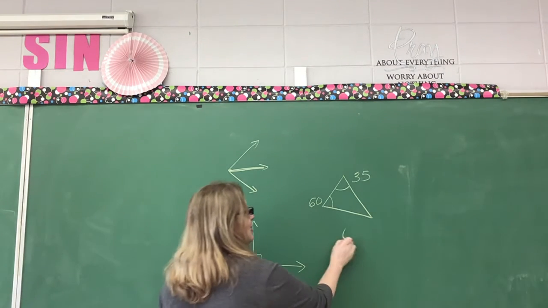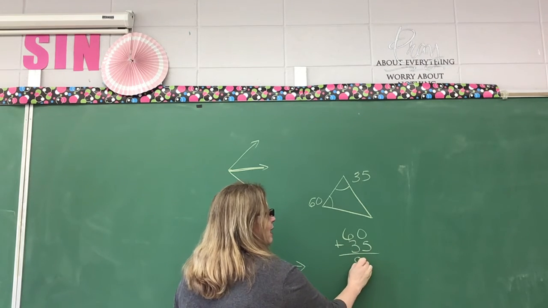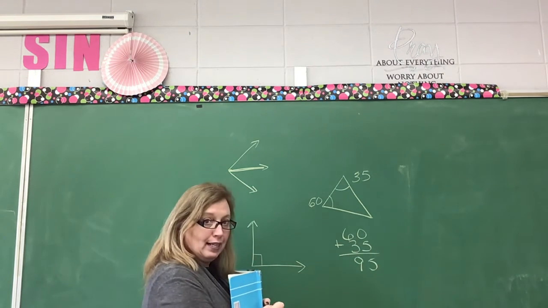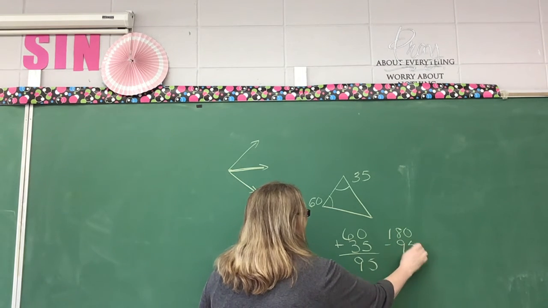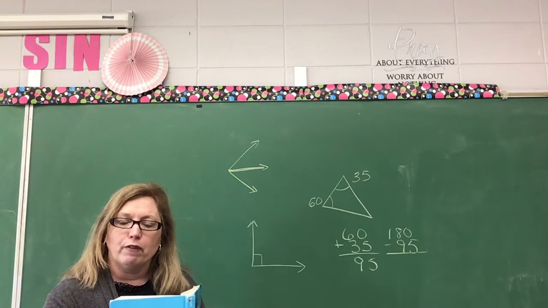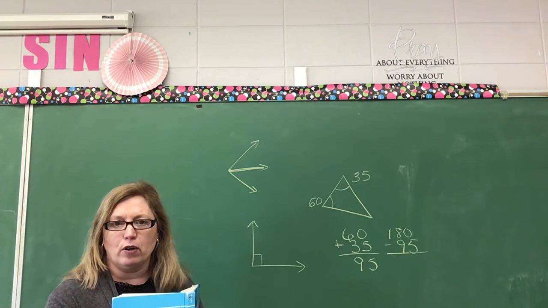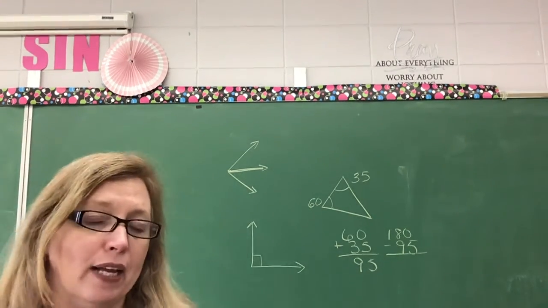Well, you're going to take 60 plus 35. You're going to get 95, correct? Now take 180 minus 95, and that gives you your answer for the missing angle of a triangle.